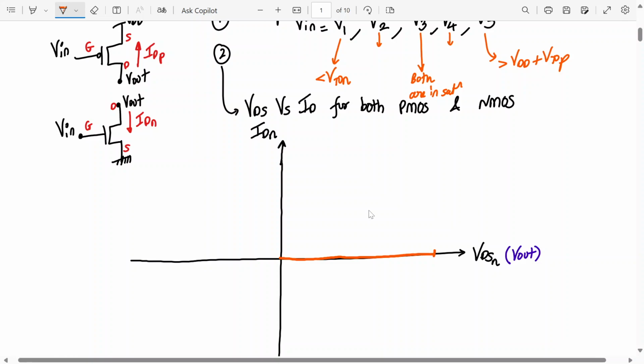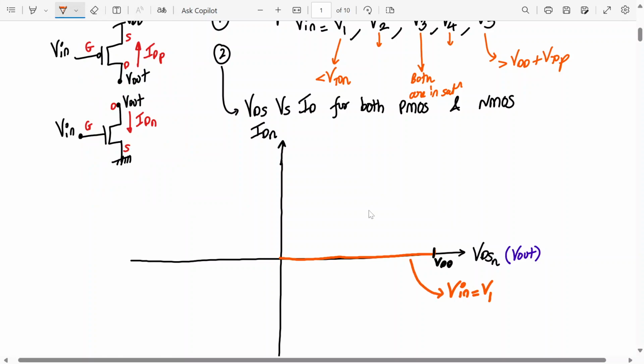What is this point? This point is V in equal to V1. This point is VDD. This is the graph for V in equal to 0.